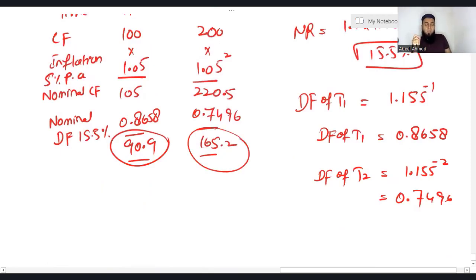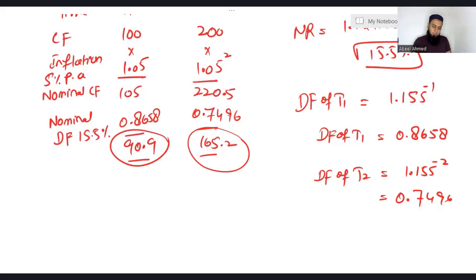Whenever you have been given a single inflation rate, then either you are calculating present values in real terms or nominal terms, you will have the same present value. It means when there's a single inflation rate, then calculating NPV in real terms or nominal terms makes no difference, because NPV will be the same.